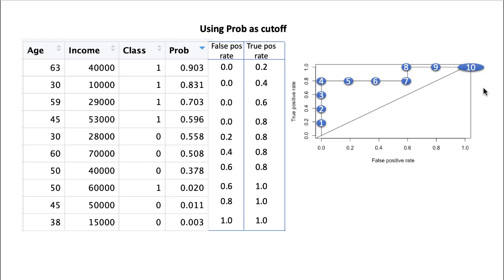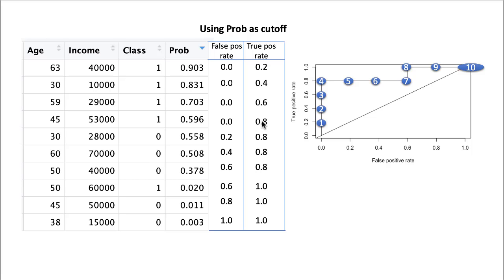But the point where we would like our cutoff probability would be essentially the point that is furthest away from this line. So this is the point which is furthest away from the line, and this point we already know represents a cutoff of 0.596.